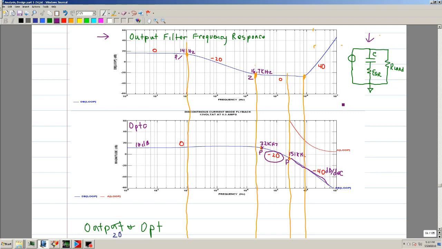Okay. So now that we have both, we can draw these vertical lines at where we have a pole and a zero. So we have one right here. We have one here, and this is a double zero.